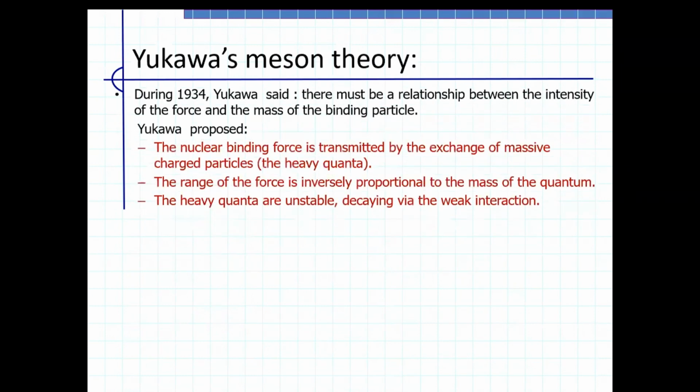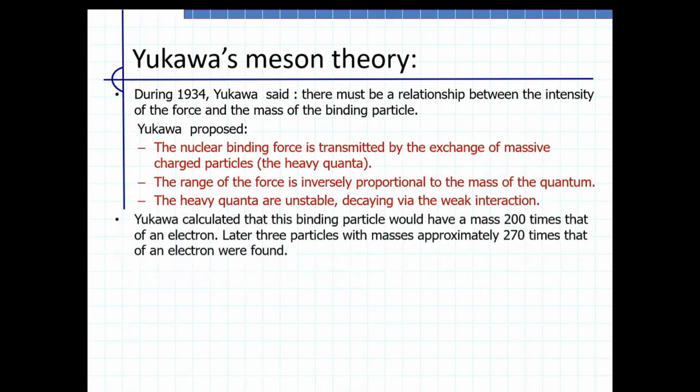The force, that is the strong nuclear force inside the nucleus, was known with certain properties. Yukawa in 1934 said there must be a relationship between the intensity of the force and the mass of the binding particles.